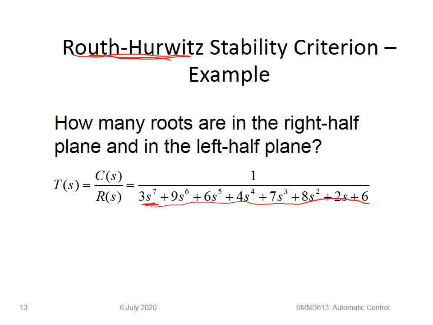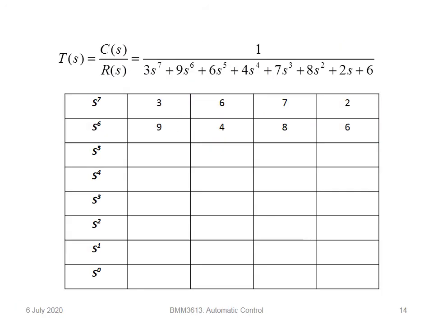Once the transfer function is given, you draw your Routh-Hurwitz table directly and fill it in. And if there are sign changes in the table, you directly know that the system will be unstable.